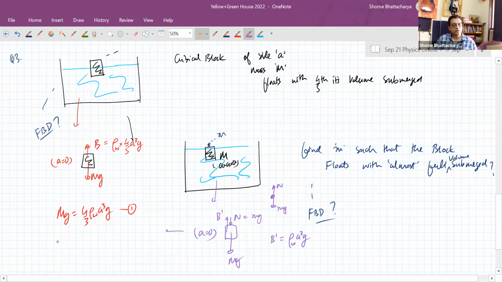So this will now give me an equation that capital Mg plus small mg is, so 4/5, it should be 4 by 5. So if you compare these two equations, you can see that capital Mg plus small mg is 5 by 4 times capital Mg.